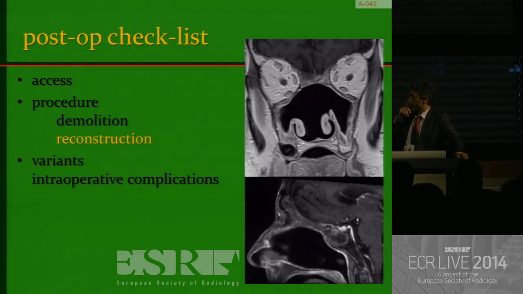And of course, there are some variants to the normal that may be due to intraoperative complications. You see very well in this case there is total ethmoidectomy and medial maxillectomy, but also resection of the anterior cranial fossa floor, which was reconstructed through a flap of connective tissue.